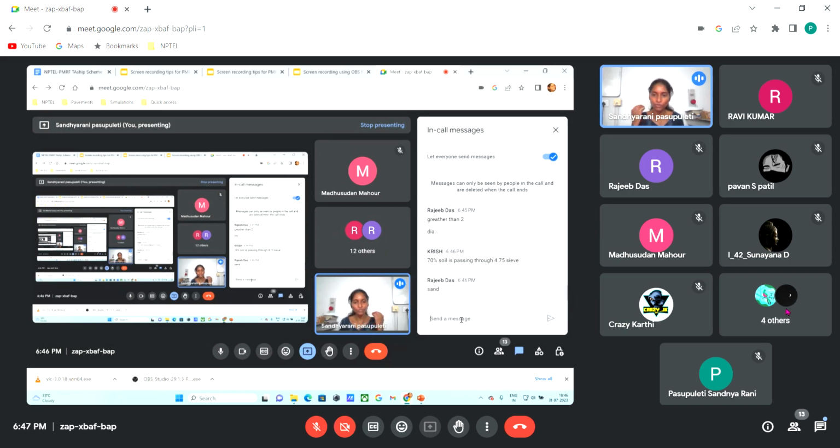So in the soil classification, I have 75 micron. So we can do grain size analysis till 75 micron sieve. Below that we cannot do because you know the problem. Below 75 micron, it's difficult to sieve using regular sieves. So we will be going for the hydrometer analysis.